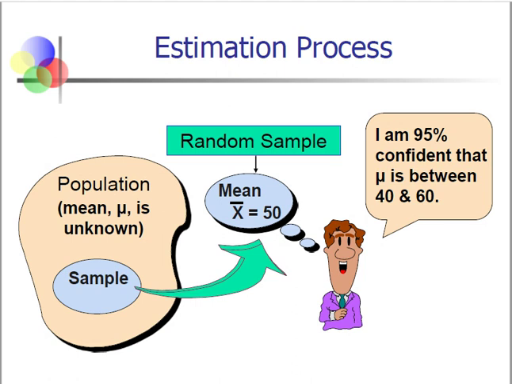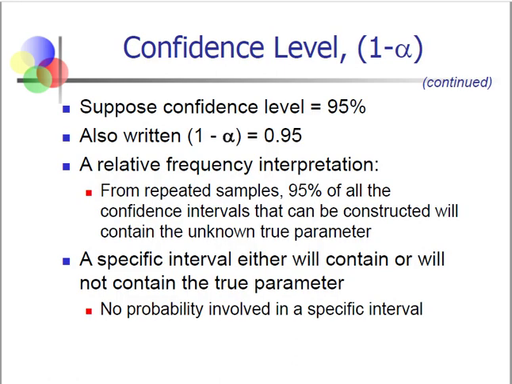Okay, so what we are just saying here is that we can find a sample from a population, estimate the mean, and then create a confidence interval, which gives us an idea like the mean is supposed to be between 40 and 60. Okay. Now suppose our confidence level is 95%.